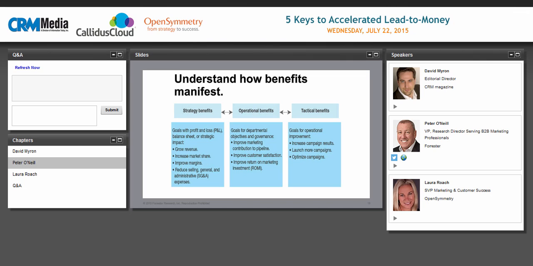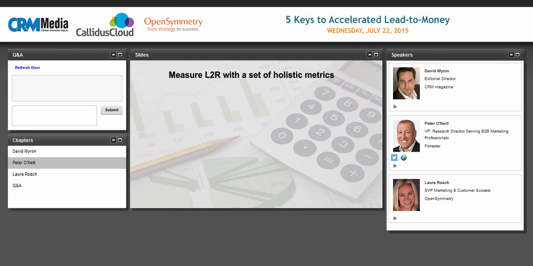So depending on who you talk to, if you're talking to the CEO or the CFO, you might want to focus on reporting and highlighting the strategic benefits. If you're talking to line managers, line of business people, maybe sales managers, you might want to focus more on the tactical or operational benefits. Remember the context of the people that you talk to internally as a guide towards how you report the success of your projects and your change projects.